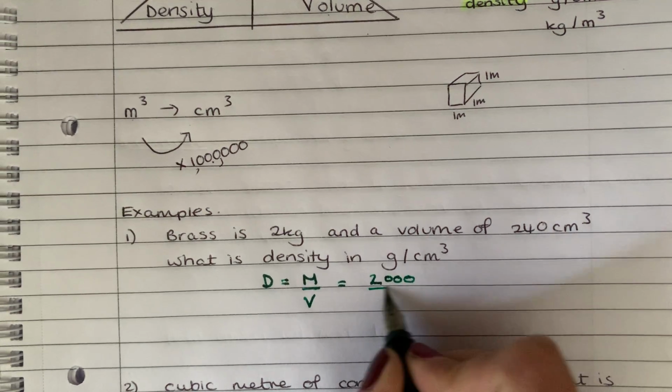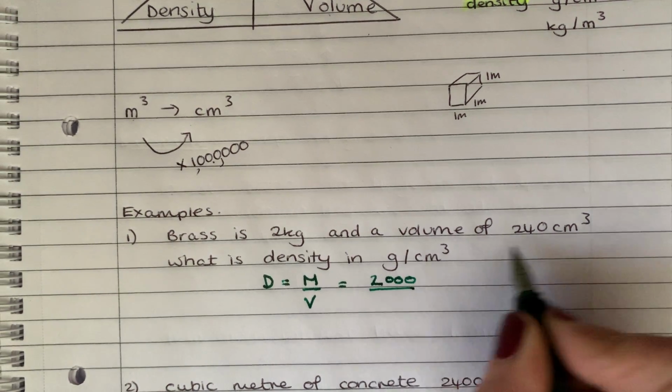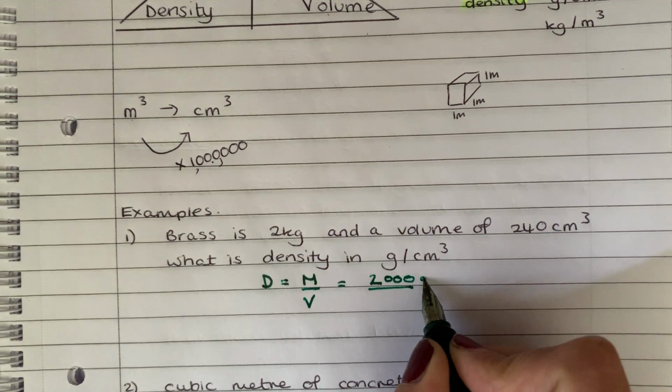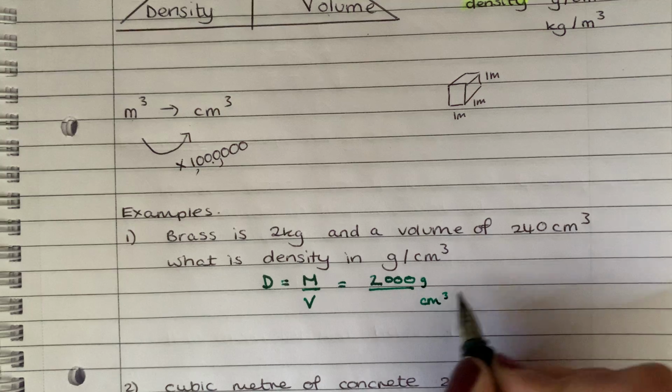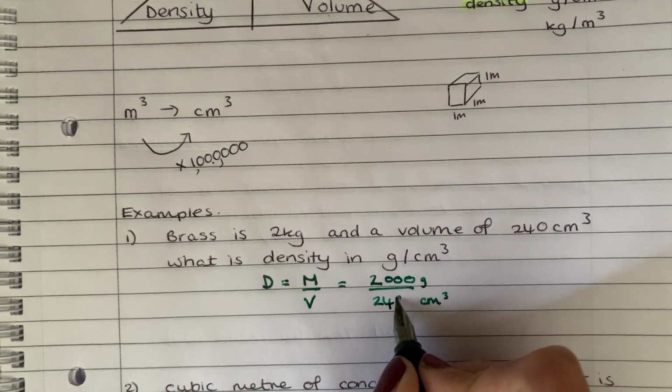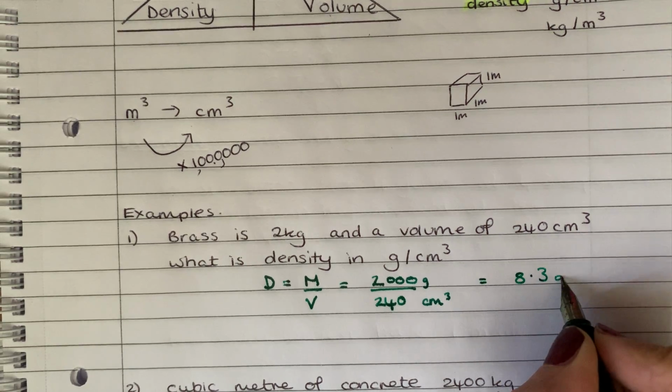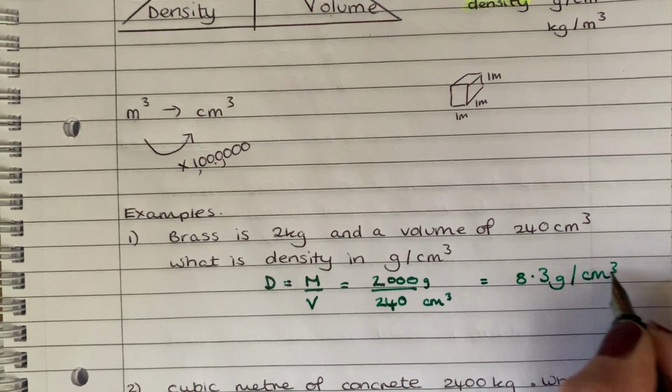The volume is already in centimetre cubes, which is what I want. So I put that in, which gives an answer of 8.3 grams per centimetre cube.